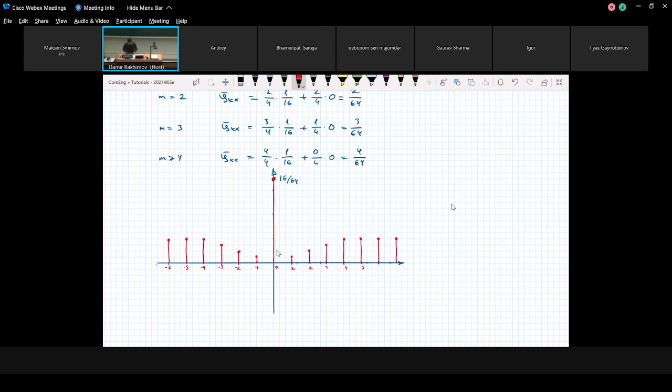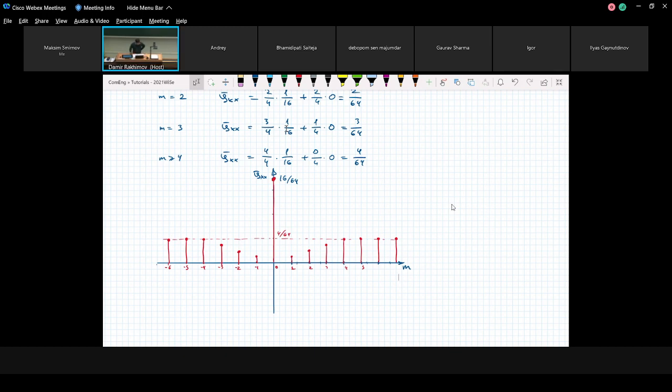This is the autocorrelation function of the shift. And you have homework.